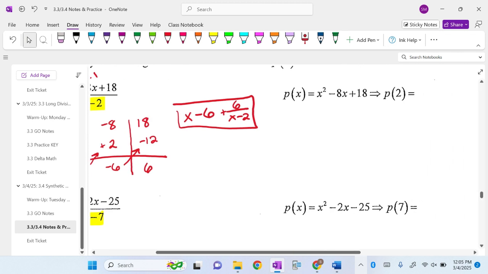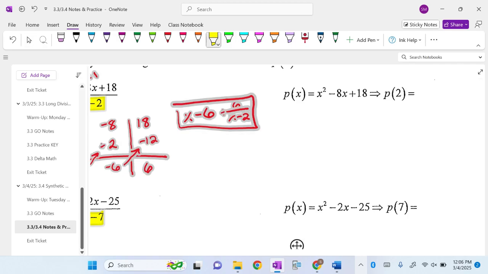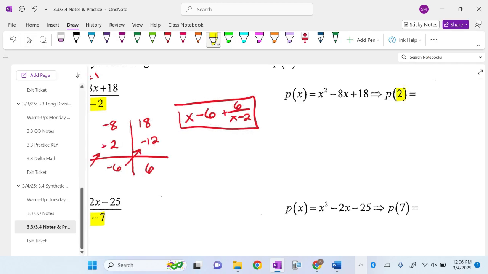Now, on the flip side, we're going to take our dividend and plug in for when x is equal to 2 and evaluate it. There's a reason to this madness, so just hang on for the ride. All right. So we're solving for when x is equal to 2. So I'm going to plug in 2 for every one of these x's and evaluate. So I get 2 squared minus 8 times 2 plus 18.